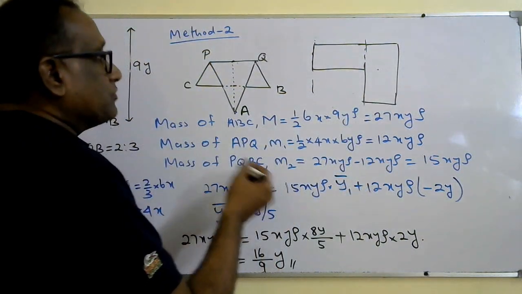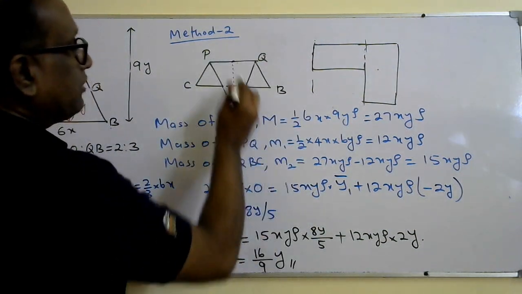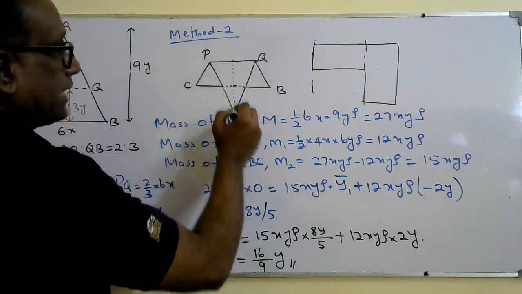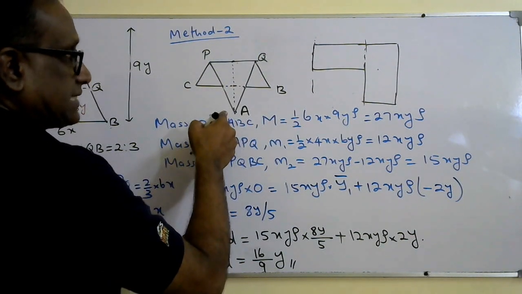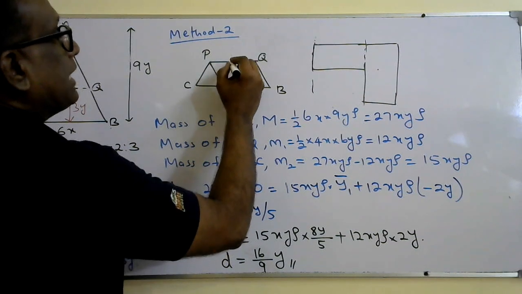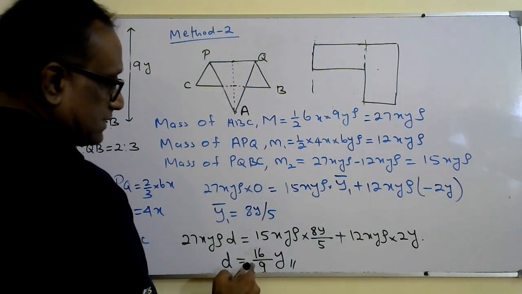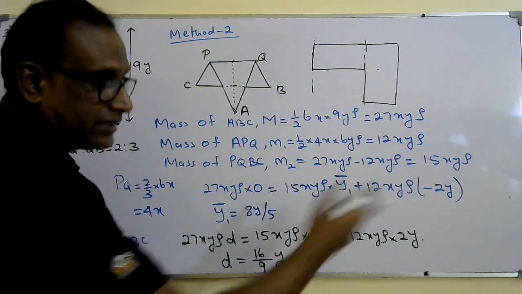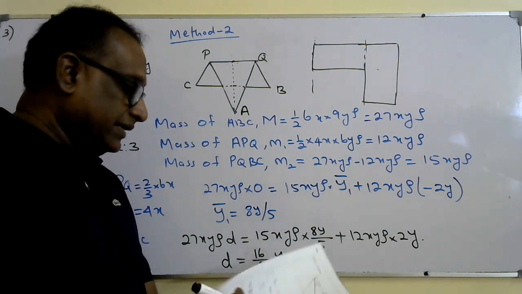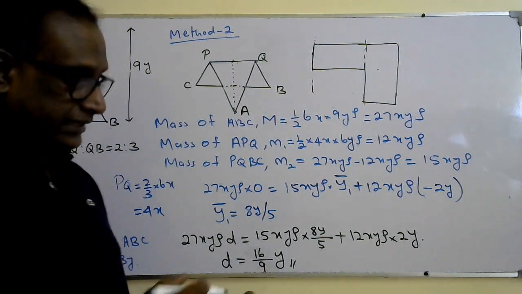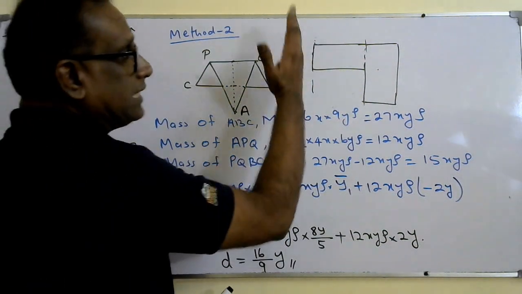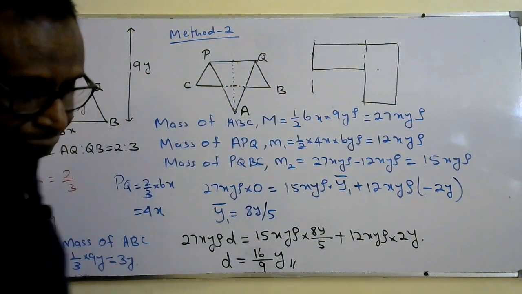But here we don't need to, because due to the symmetrical shape, the center of mass we found from PQ, but we know that about the center line, the bisector of the line PQ which connects to the vertex A, on the left side and right side they are symmetrical. So we know that the center of mass is on this line at a distance 16 over 9 y. We don't need to find the center of mass from another line for the next part, the B part. When it is hung to find the angle, we don't need to find it here. But for the October 2022 paper, we have to do it because it's not symmetry about this axis and this axis.